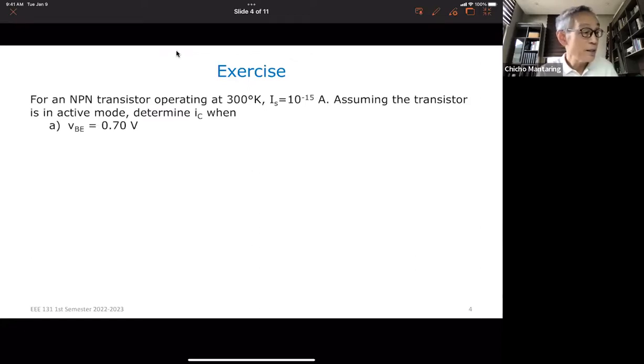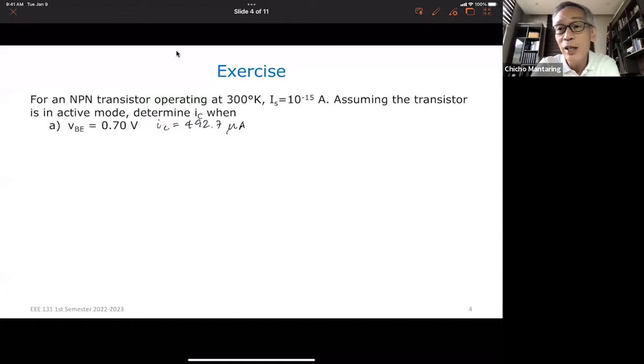So what is the answer? The answer is IC is equal to 492.7 microamperes. I think engineering notation was introduced to you. If you wanted to be strict about it, every time you provide an answer in any of your engineering courses, you should use engineering notation.